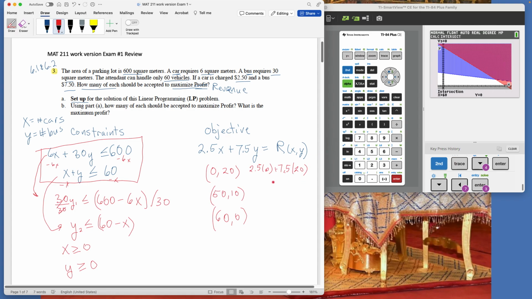Yeah, so this gives us, I'm going to put it over here, 50 times 10, so that's 2.5 times 50 plus 7.5 times 10, and that gives us 200.